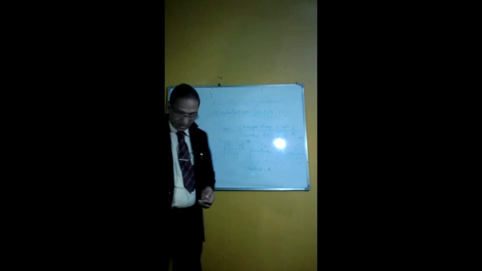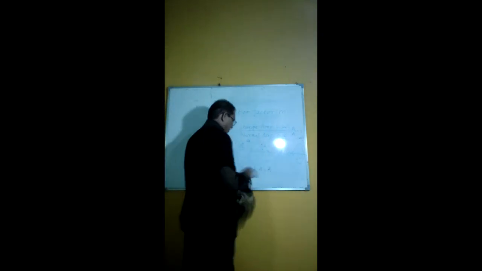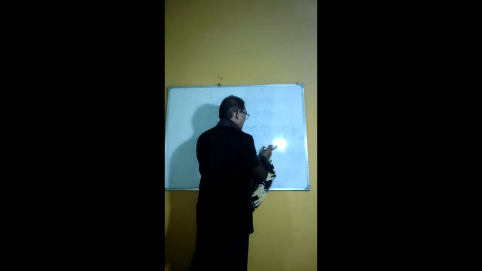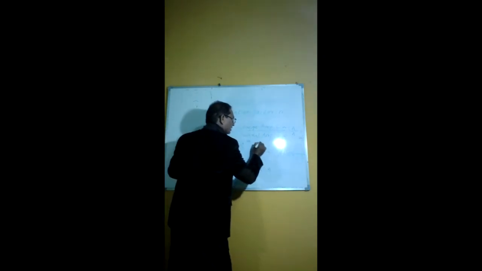Now the last case we will see is if the signal amplitude is 1.5 times A, so that the carrier will vary.